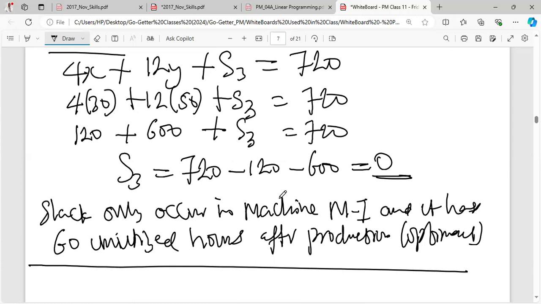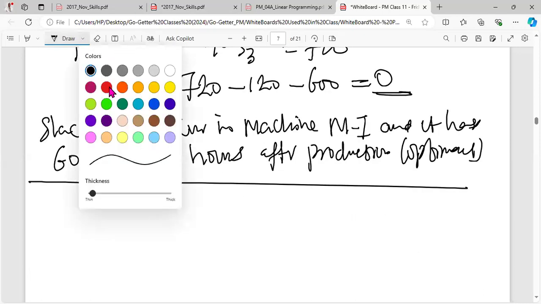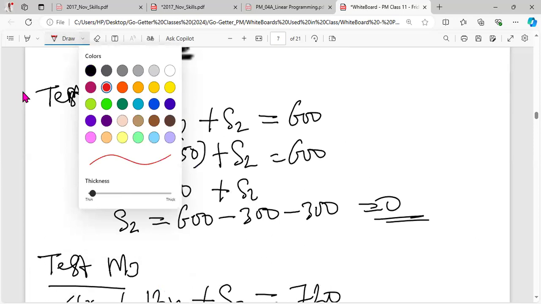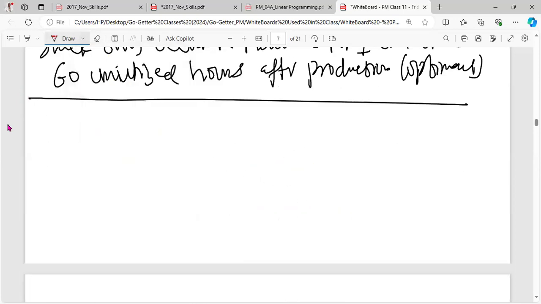So now that we've done the slack variable, you can be asked to look for the shadow cost or the shadow price. So let's say this is A4.